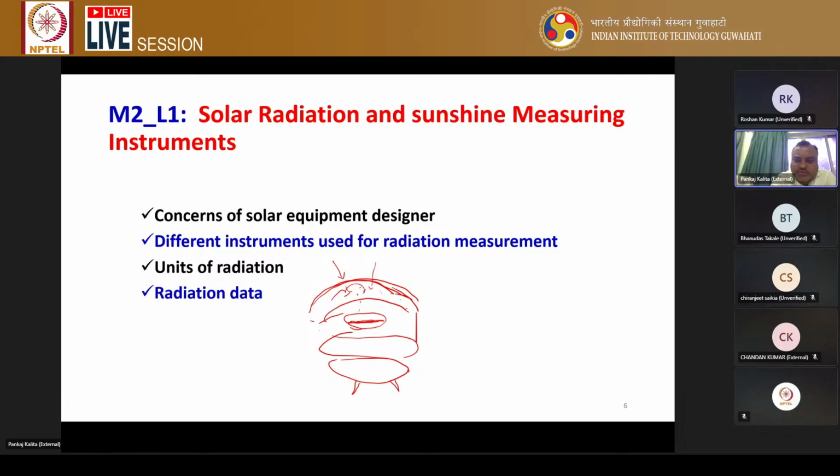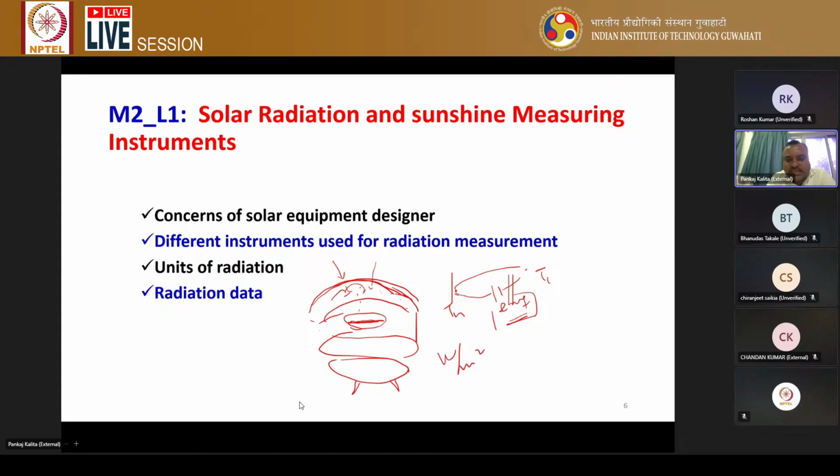As we know the principle of the thermocouple, if we join two junctions of two dissimilar metals and keep them at different temperatures, it may be TH and TC, then we get an EMF. This is calibrated in such a way that the EMF generated in the system is converted to watt per meter square.